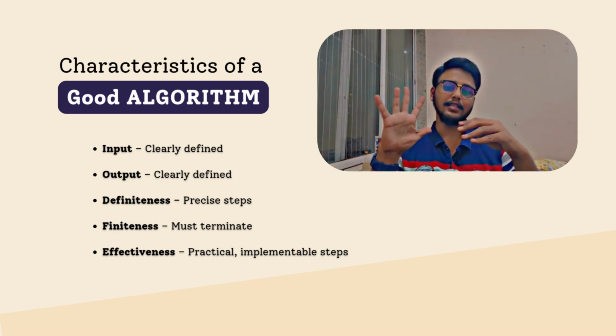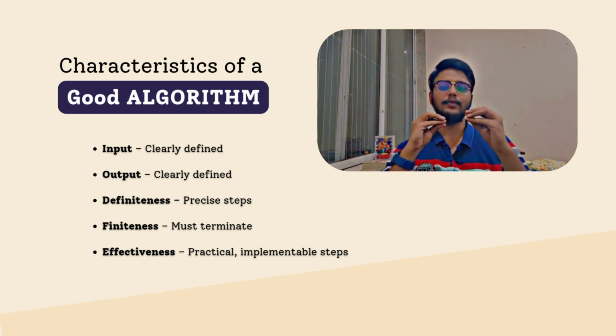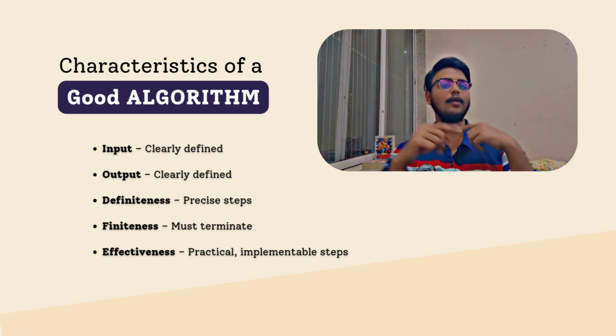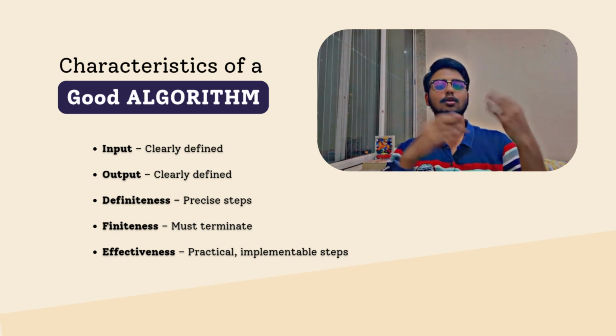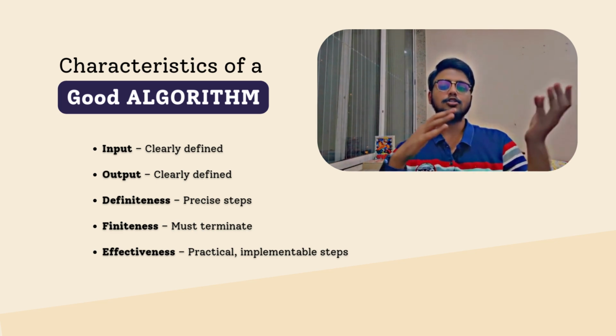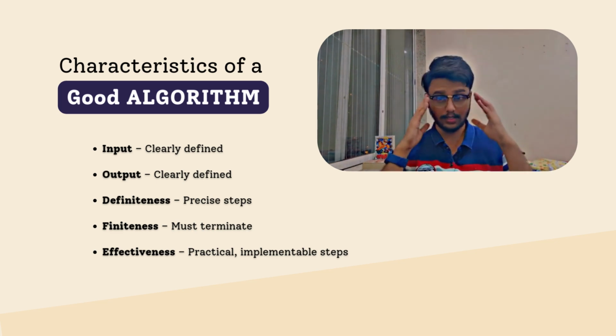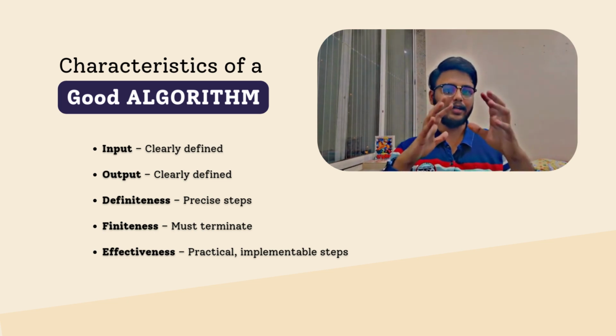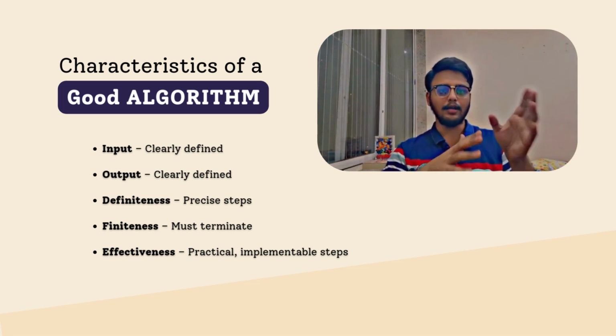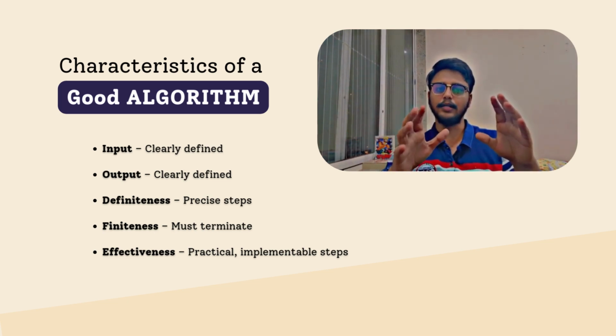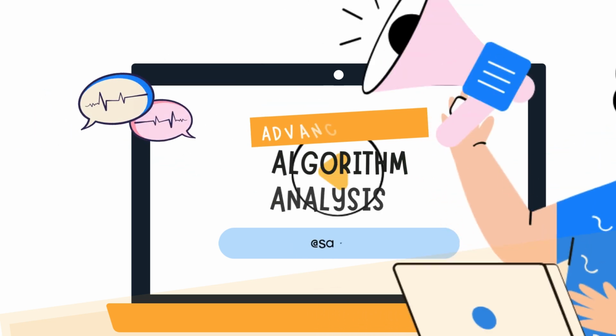And fifth is effectiveness. Every step should be doable in a reasonable amount of time. It should not go around in loops. It should not infinitely give as many answers. It should not give incorrect answers. These are the universal rules that are followed in every field, from AI to computing. All these fields require algorithms to be developed in these formats only.